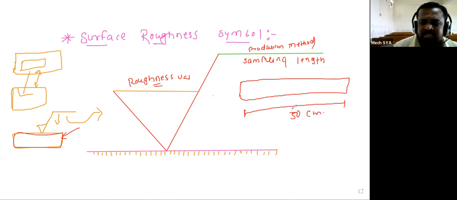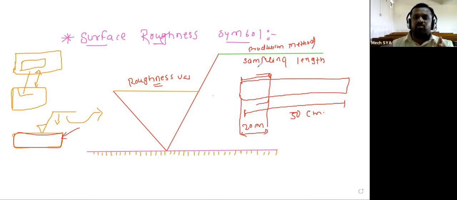Every time it is not necessary to check the surface roughness of the whole 50 centimeters. We just take that much portion for checking purposes. Suppose we have taken 20 centimeters for checking. That length is called the sampling length. How much length we take for checking purposes is called the sampling length. Understood?